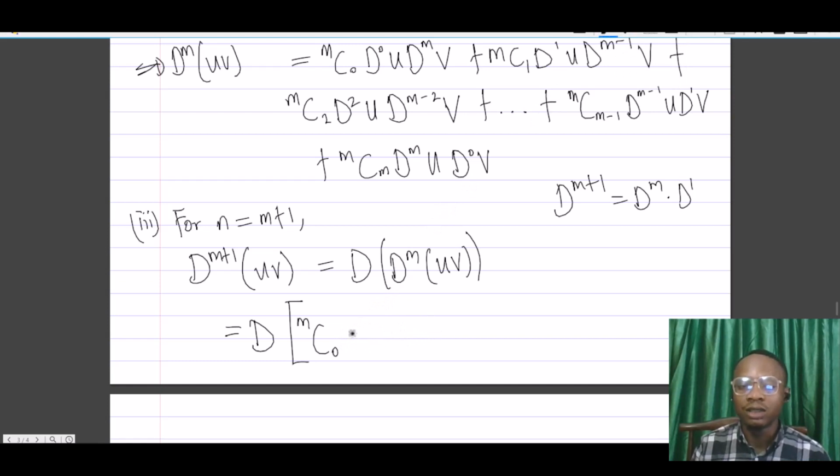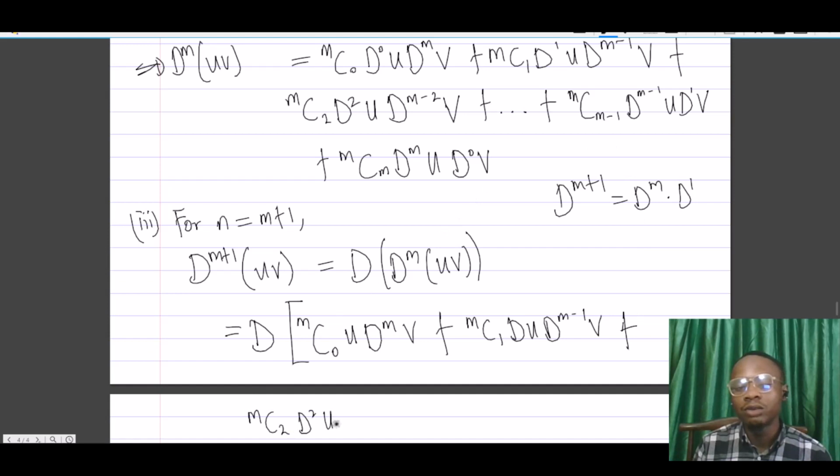So let's just write this as u the m v, then plus m combination 1 d u the m minus 1 v, then plus the next one is m combination 2 the squared u the m minus 2 v, then plus, and so on and so forth.